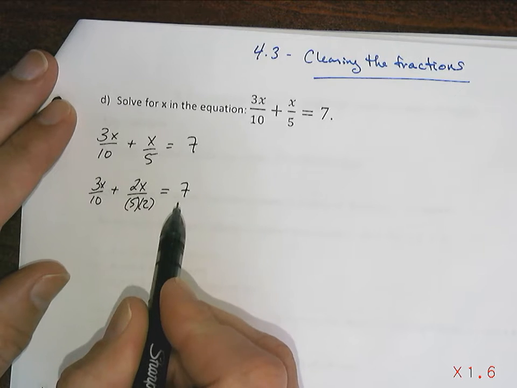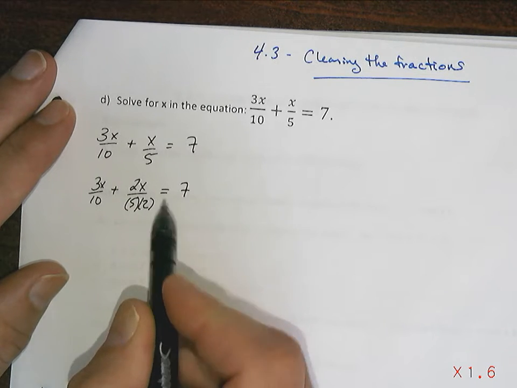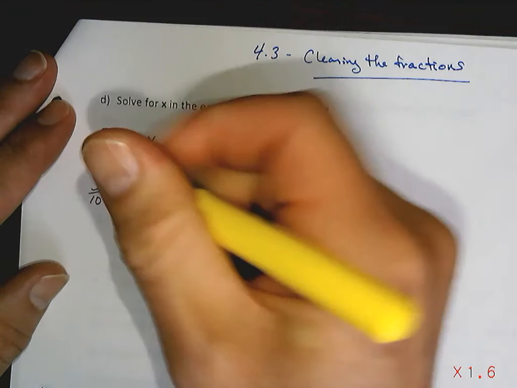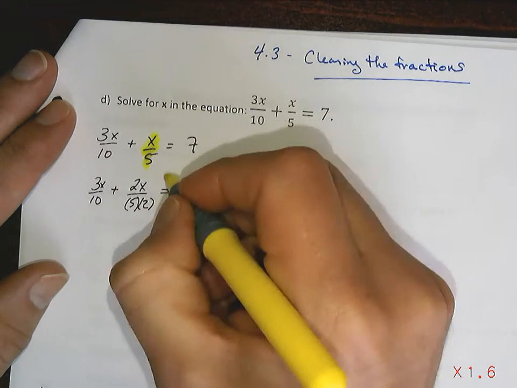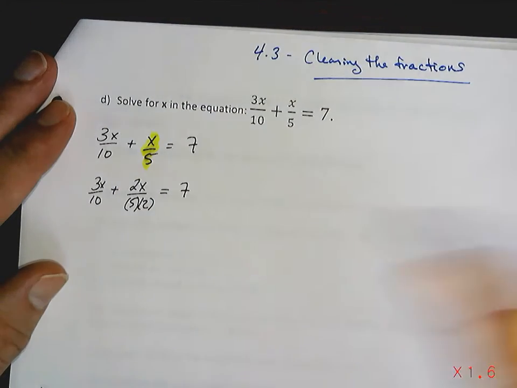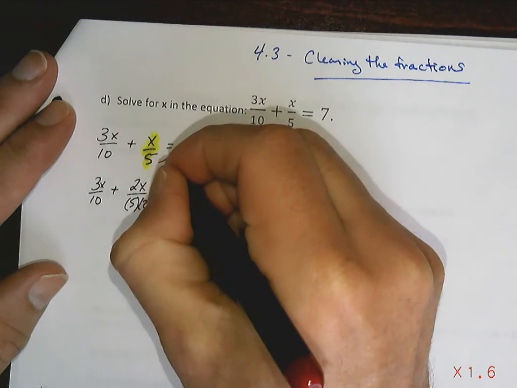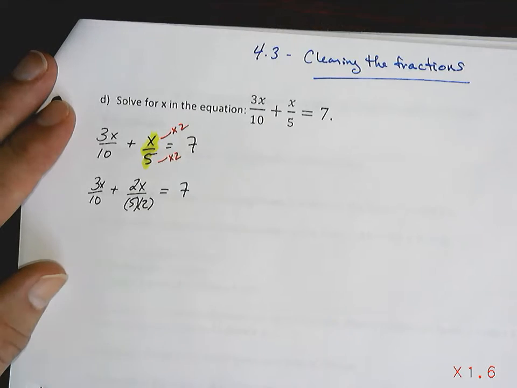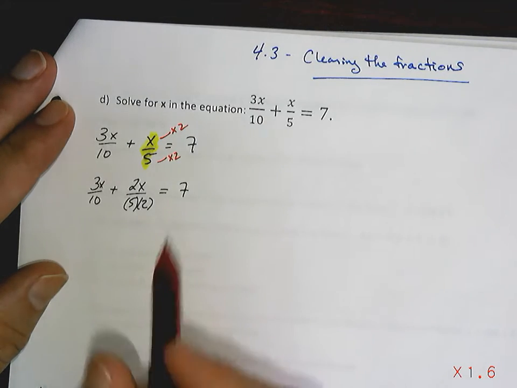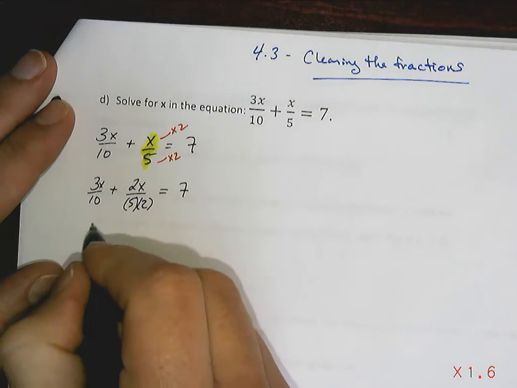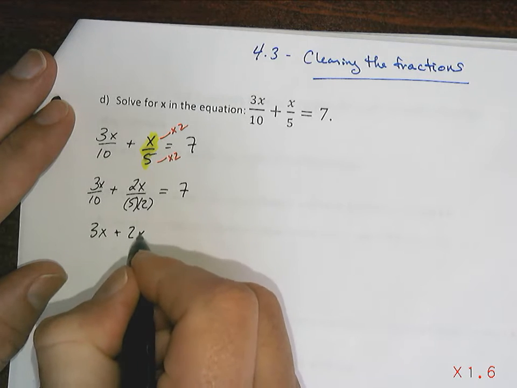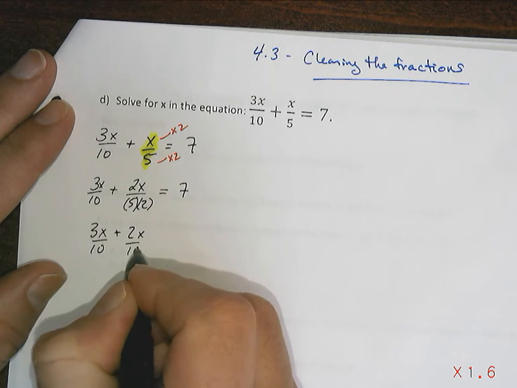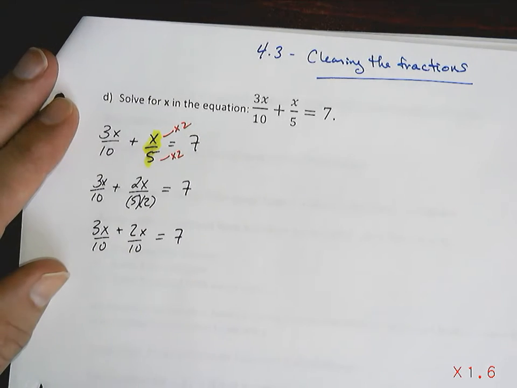And you don't have to worry about doing anything to the other side, because all you're doing is messing with this fraction. You're making the bottom 2 times bigger, and so you make the top 2 times bigger. If I multiply the bottom by 2, I multiply the top by 2, and the fraction stays the same. The difference is what I've got now is 3x plus 2x over 10 equals 7.